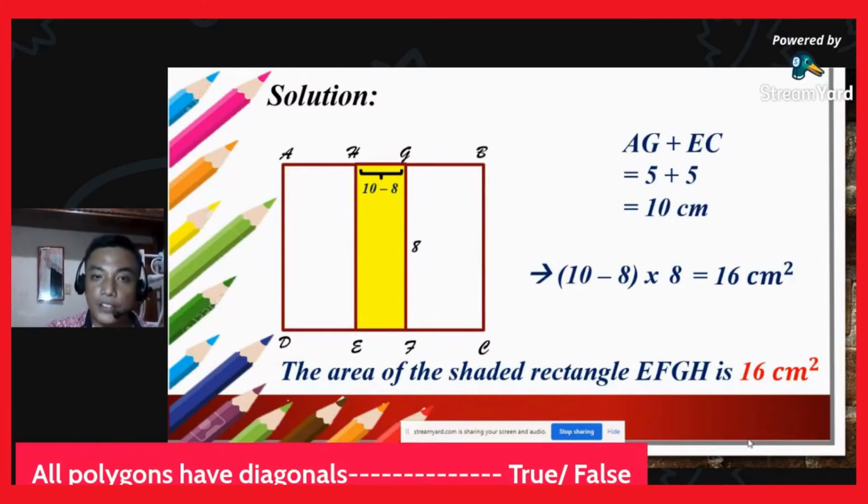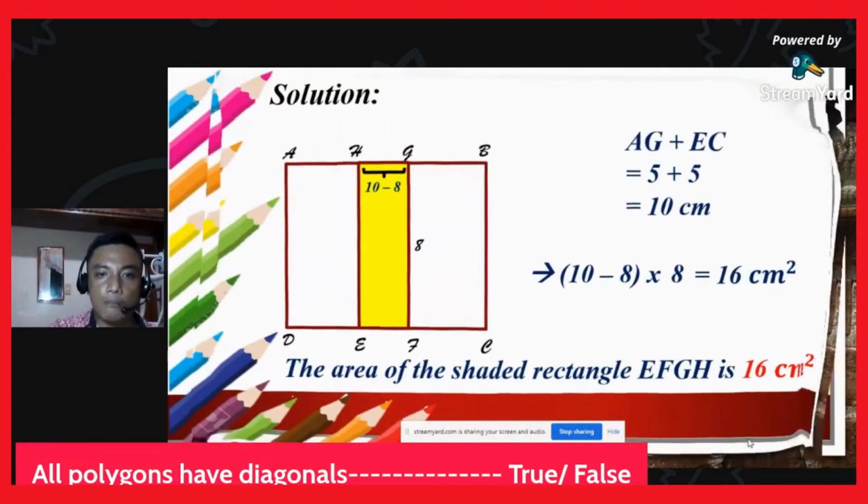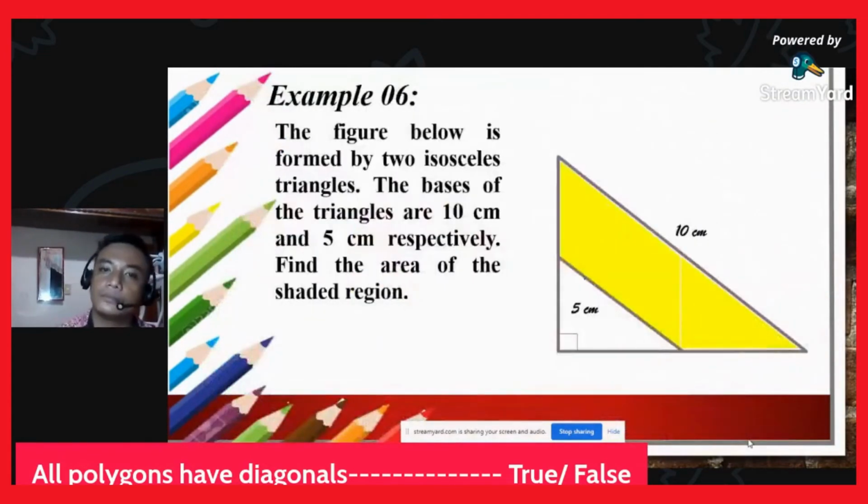Are we ready for the next example? For the next example, that is the figure. The figure below is formed by two isosceles triangles. Again, how can we describe an isosceles triangle, or when can we say that a triangle is an isosceles? Simply, if the legs are equal.